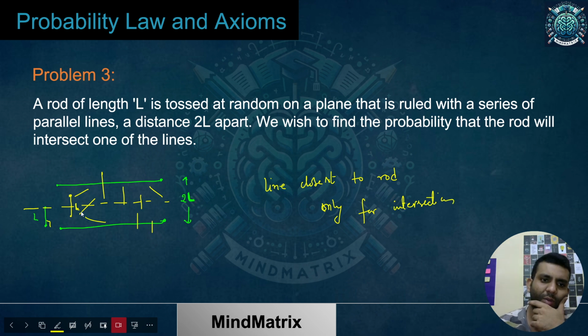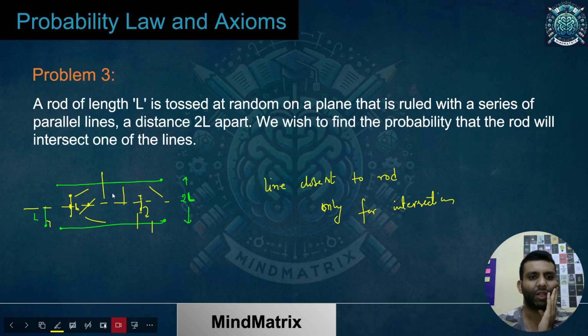Let me increase its length a bit so that it seems this one is closer to this. This may seem equidistant from both the lines above and below, so I can consider any of the lines for this kind of orientation.